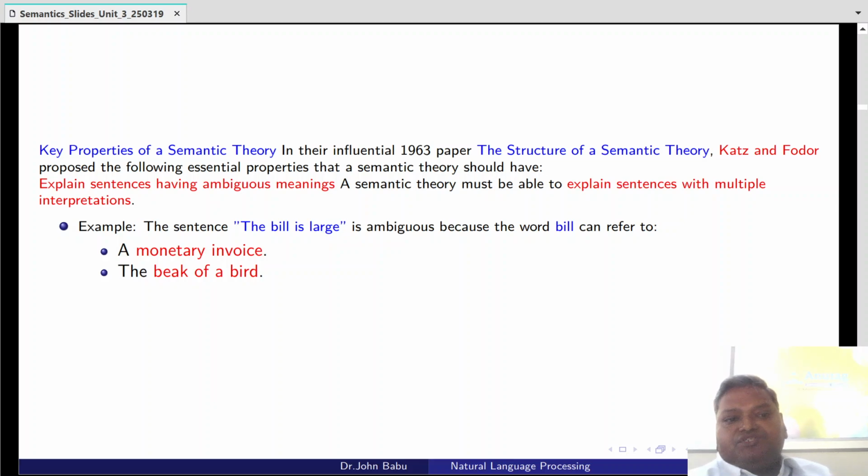Now, let us summarize the important properties of semantic theory. Number one, a semantic theory should explain the sentences which have ambiguous meanings. So it should be able to explain the sentences with multiple interpretations. For example, as I told you about light: the luggage is light, in that, light means less weight.